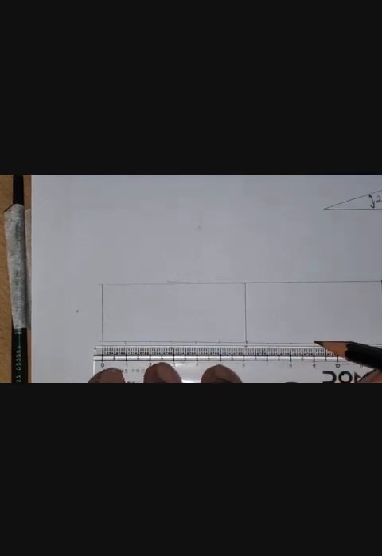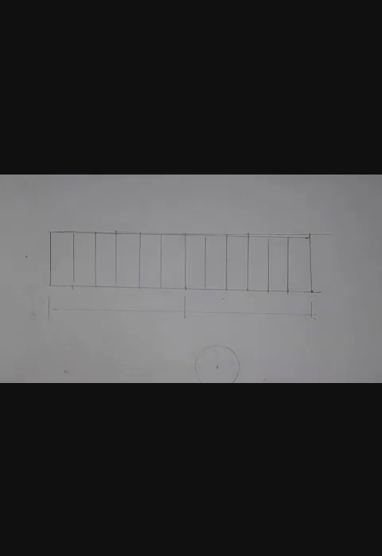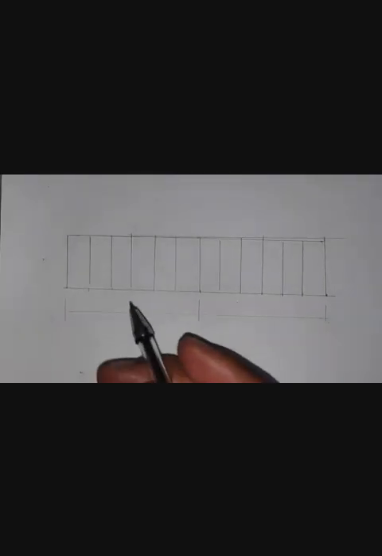So it should not be a problem. So here, let us now divide this into 6 parts, like this. The follower displacement diagram has only 2 parts.